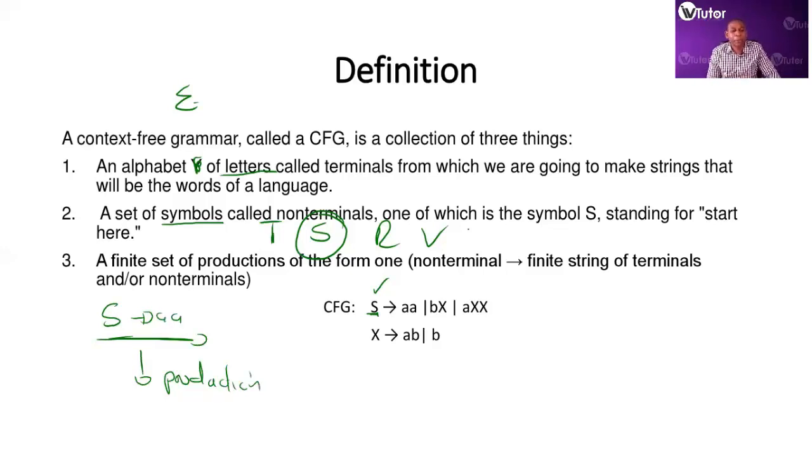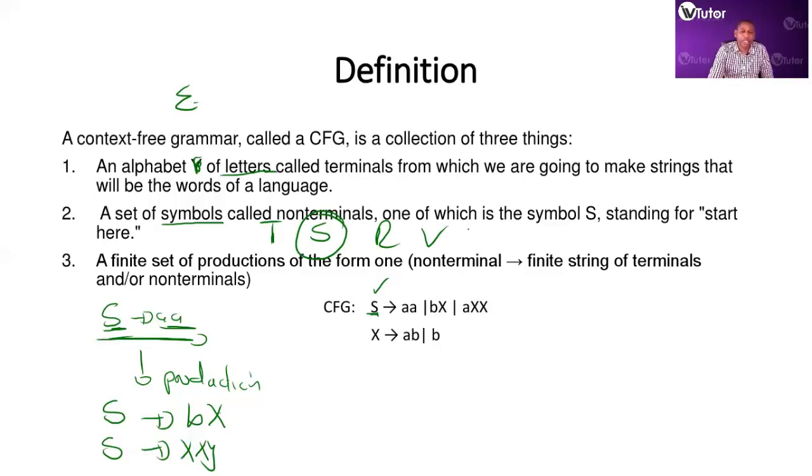A production can have a non-terminal going to a string of terminals, or a non-terminal going to a mixture of terminals and non-terminals, or a non-terminal going to only non-terminals. So all these three scenarios are allowed. That is the definition of a context-free grammar.